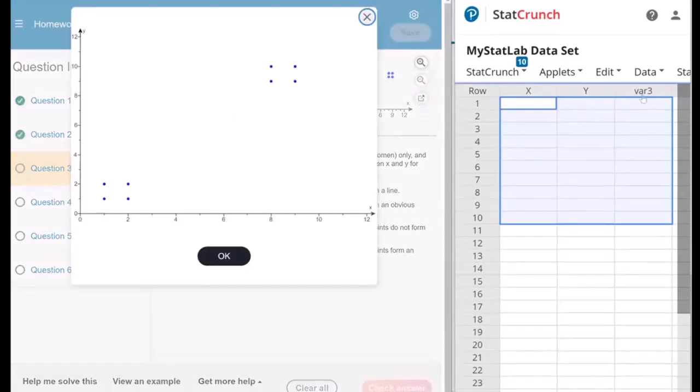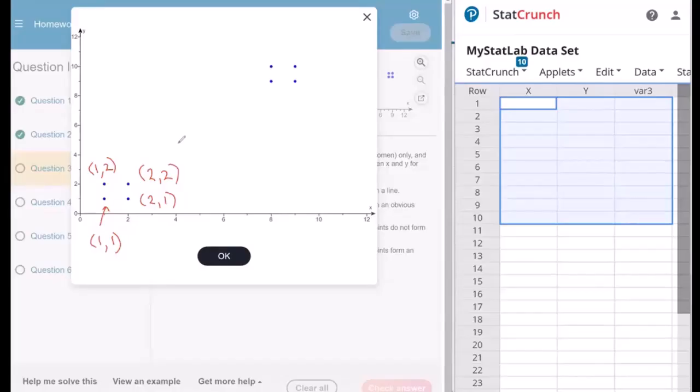And we can see that we have these points. Remember, ordered pairs are always X comma Y. Our X is 1 and our Y is 1. Our X here is still 1, but our Y is 2. Our X here is 2 and our Y is 1. And our X here is 2 and our Y is 2.